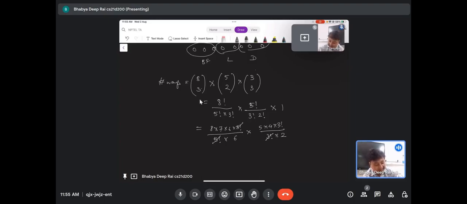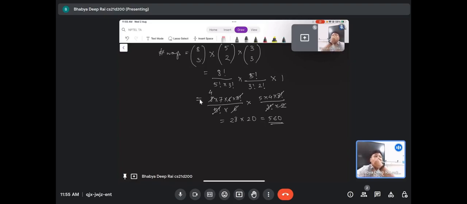I'll cancel out this 3 factorial with this 3 factorial. Now I'll cancel out this 6 with this 6, and this becomes 7 times 8. Let me cancel this 2 with this 8. This becomes 4. 7 fours are 28. 28 times 20 is 560. 560 is the answer.